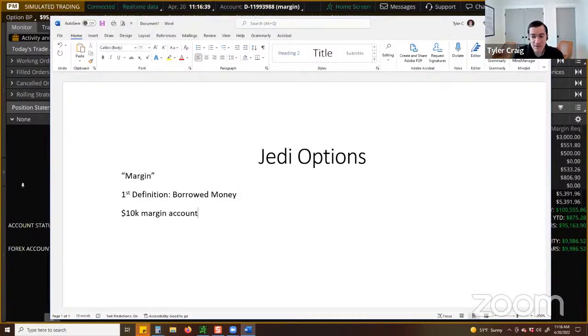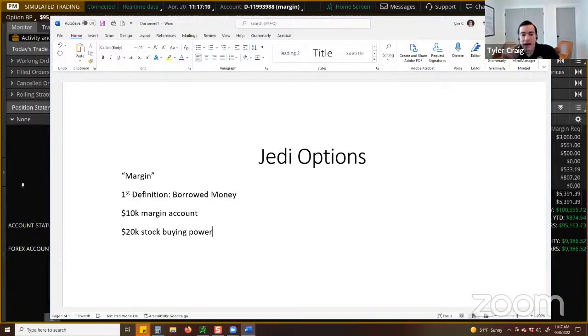They have cash accounts that don't have margin, and then they have margin accounts or accounts that have the ability to use borrowed money. If you have a margin account, by default, most brokers will give you 2-to-1 margin, which essentially means that they'll let you buy up to $20,000 worth of, in this case, stock. So on a $10,000 margin account, I would have $20,000 in stock buying power.